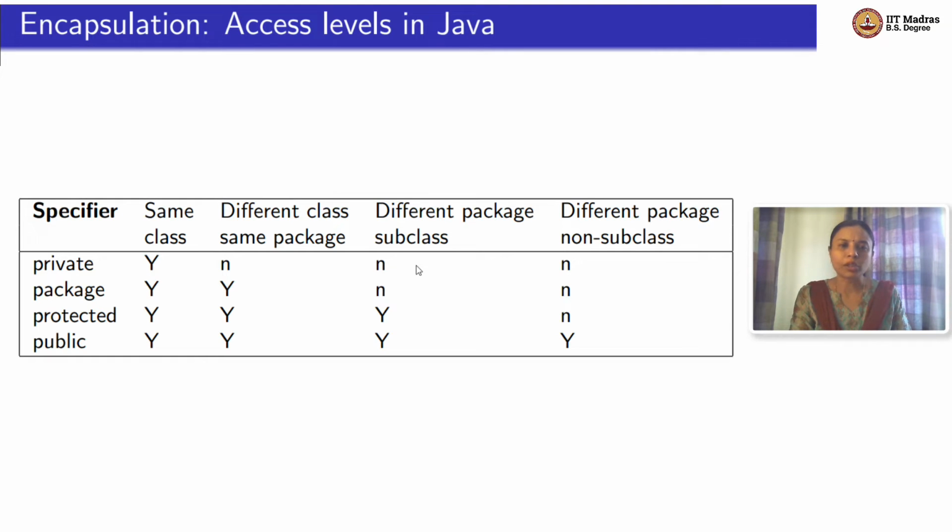So let's say a particular object is declared private. Then read this capital Y as standing for yes, lowercase n is standing for no. So if a particular object is at level private, then it's accessible within the same class and not accessible elsewhere. It's all marked as no. So it's not accessible in a different class within the same package.